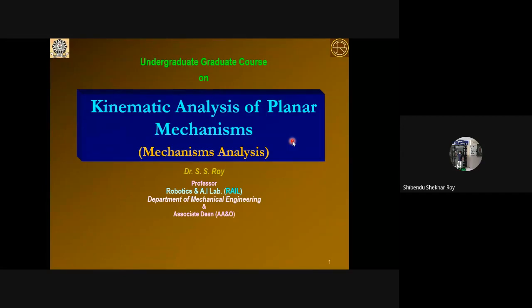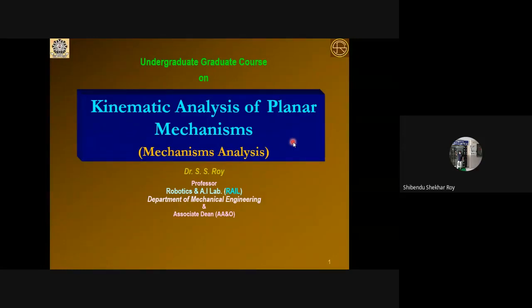Now, what do you mean by planar mechanism? As you know, if all the points of a mechanism move in a plane or move in a plane parallel to a certain reference plane, or in other words, when all points of a mechanism move in parallel planes, then that mechanism is known as a planar mechanism or plane mechanism.